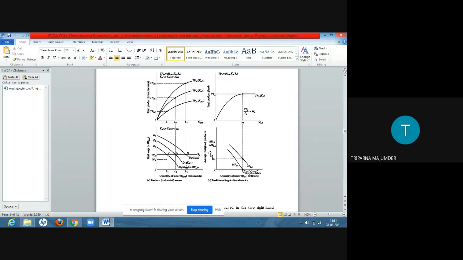The upper diagram shows how subsistence food production varies with increase in labor inputs.